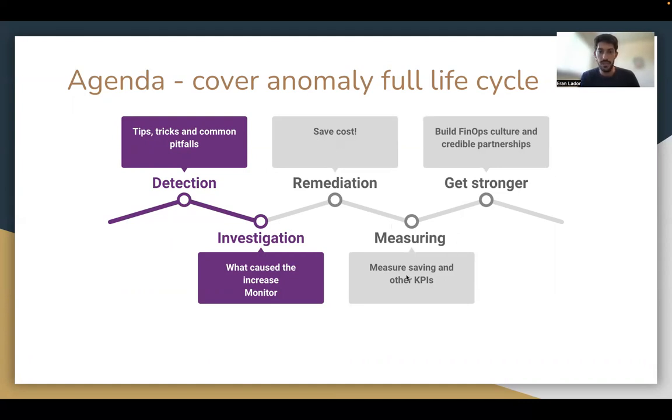Once we're done with that, we need to measure how much we saved and how well the cost anomalies are going, and then get stronger and prepare for the next spike, and use all of this to build best practices, FinOps culture, and credibility with your partnerships.